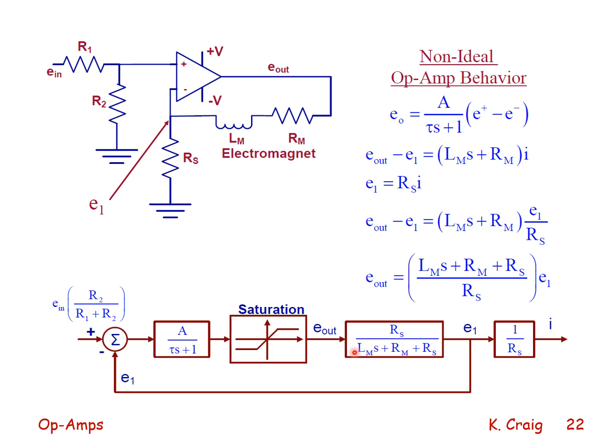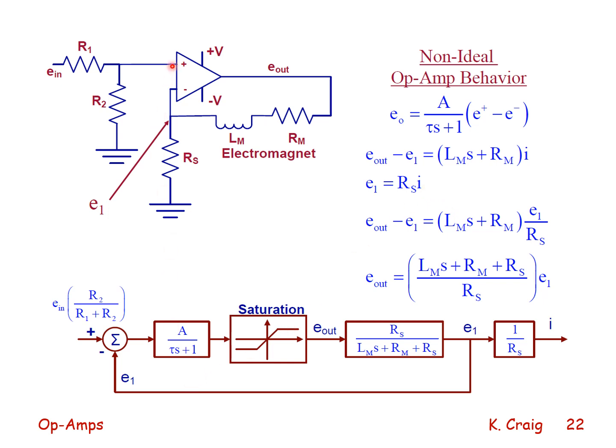So creating a block diagram to represent these equations, I see that E out times this ratio gives me E1. E1 times this ratio gives me I from this relationship.